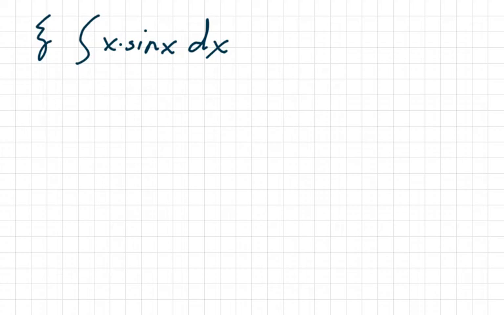And as the rule says, let u equal the power of x. So here we go. I'm going to let u equal x, and I'm going to let dv equal sine x, the other function.